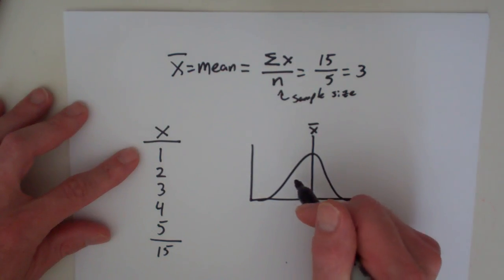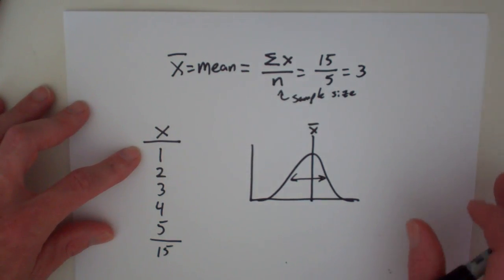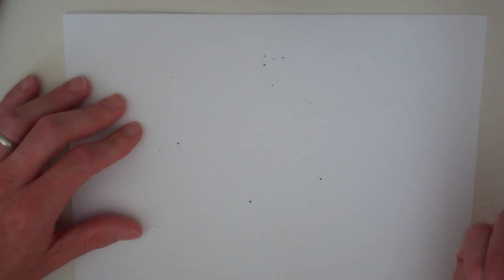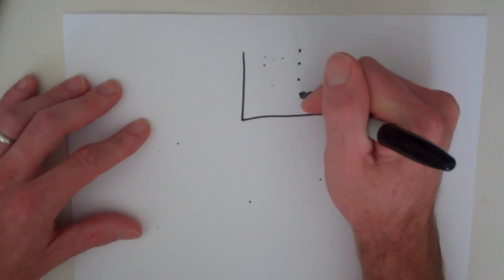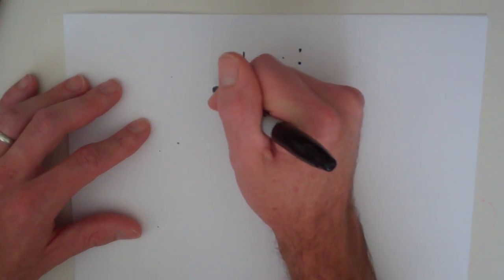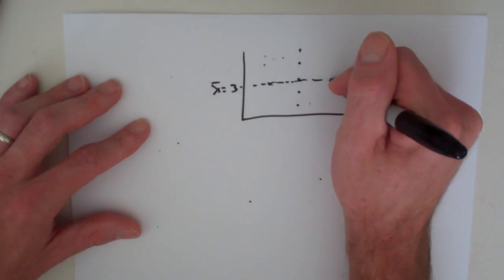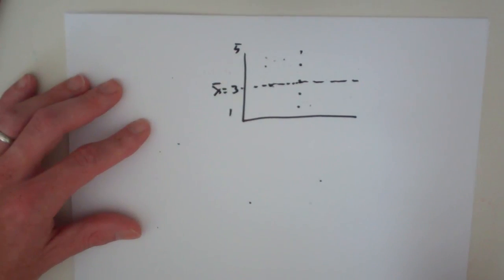So next up, we can talk about, well, how do we figure out a way of summarizing how wide or spread out the data are in that distribution? So a way we can think about the spread in data is, here are our 5 data points as before. The mean of these is 3, and we have one that was, the highest point was 5, the lowest one was 1.